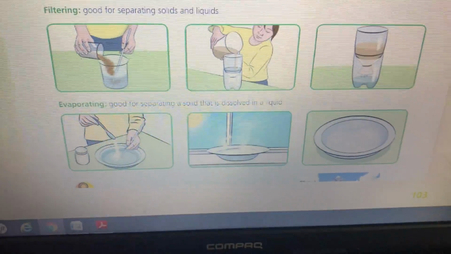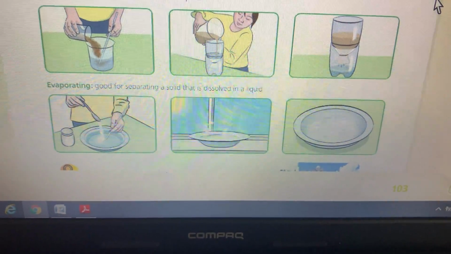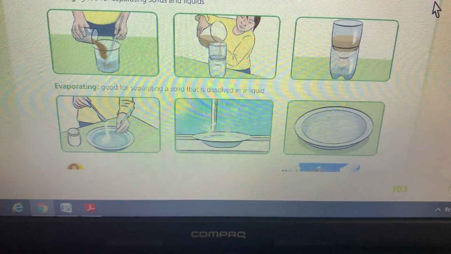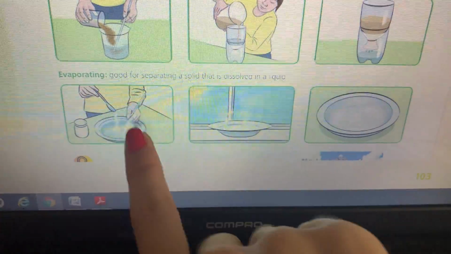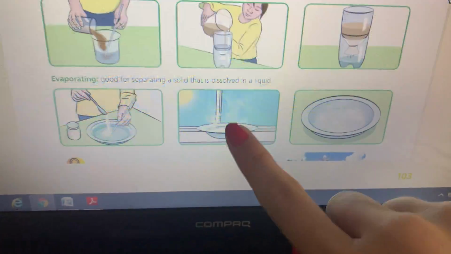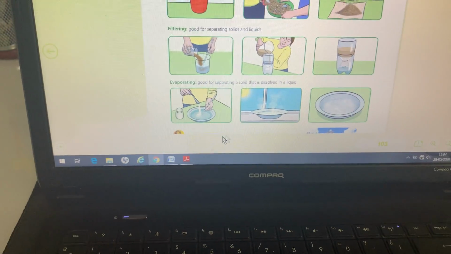Evaporating is good for separating a solid that is dissolved in a liquid, for instance, detergent and water. So if you put salt and water, you mix, then you evaporate, and you will see that the salt is in the dish. You can try at home.